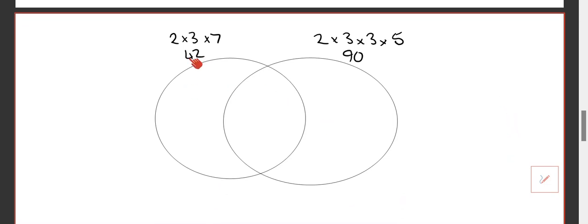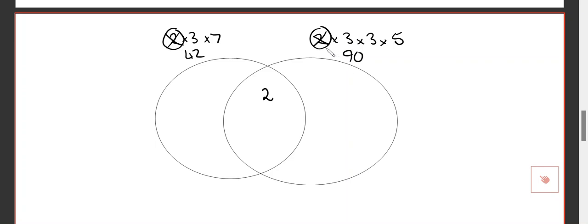So I'm going to put the numbers for 42 in the 42 circle. But I need to put anything that's in both lists in the middle. So, go for it. So there's a 2 there and a 2 there. So I'm going to put how many 2s? Just one of them. They're both gone.